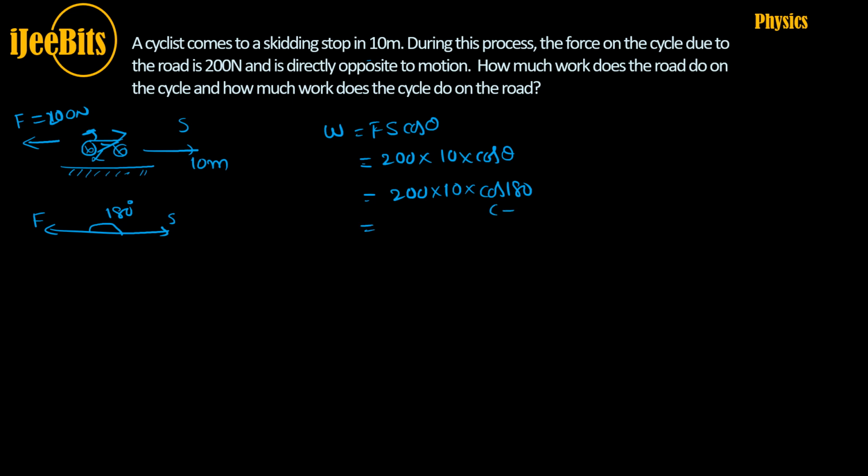Cos 180 is nothing but minus 1. So minus 2000 joules. Basically, what we are saying here is that negative work is done to bring the cycle to the halt condition, which is nothing but your work energy theorem.